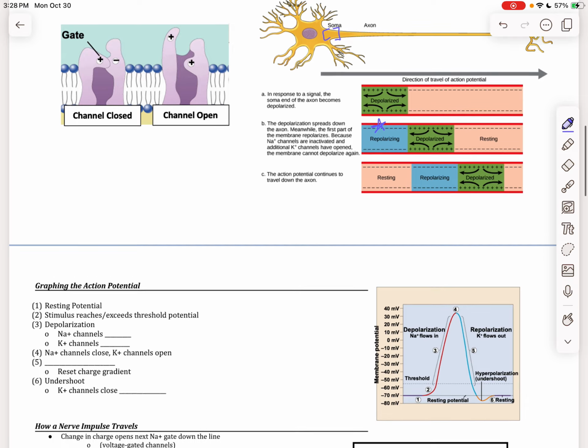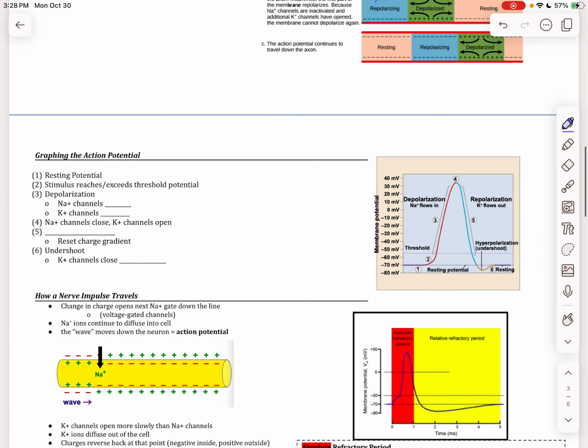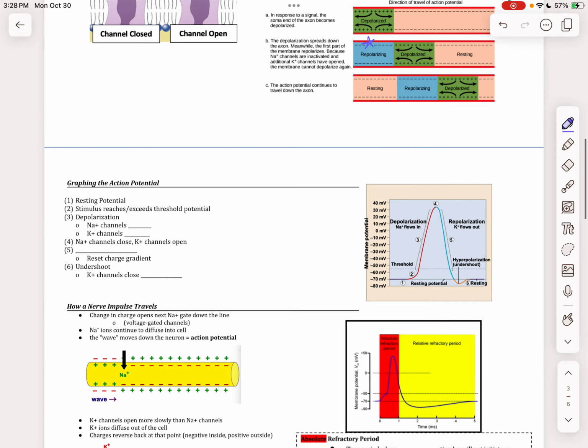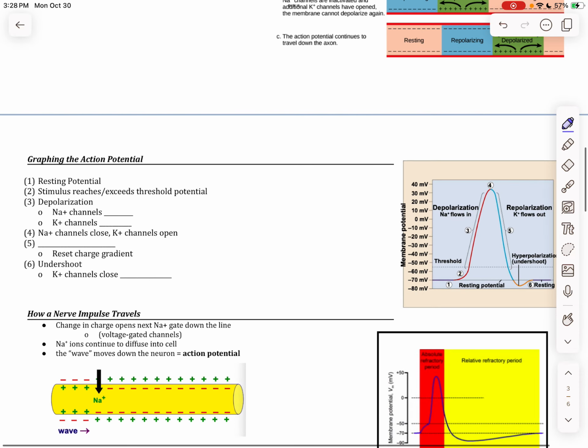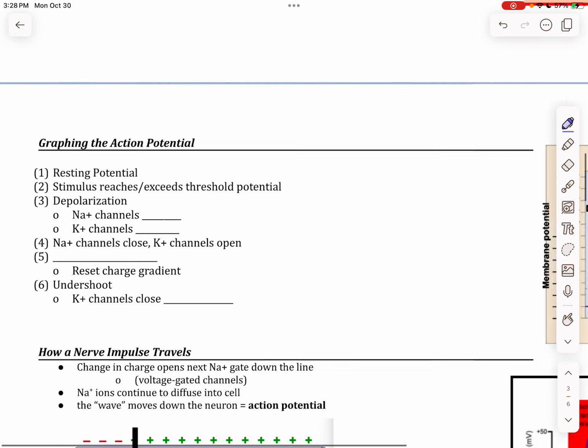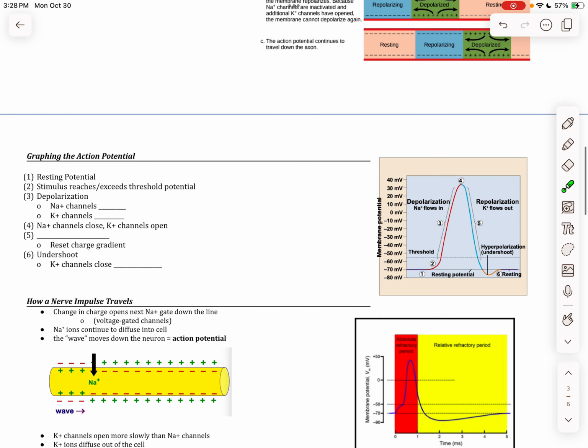All right. So here is a graph of what this looks like. The action potential, starting with resting potential. Resting potential, if you look at the graph, is at -70. So a stimulus from a neuron has to happen, and it has to reach or exceed threshold potential of -55.